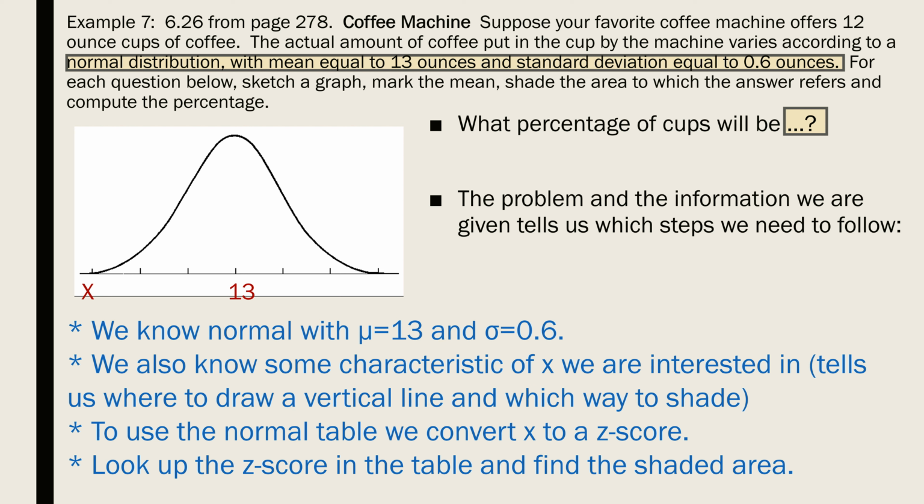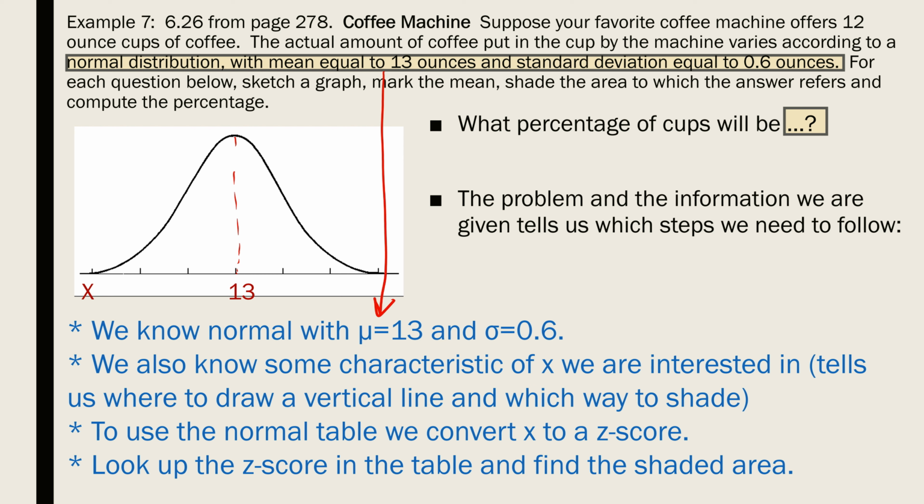First, we know it is normal with mu equals 13 and sigma equals 0.6. After we know this information, we can sketch a bell curve centered at x equals 13. We also know that some characteristic of x we are interested in tells us where to draw a vertical line and which way to shade.